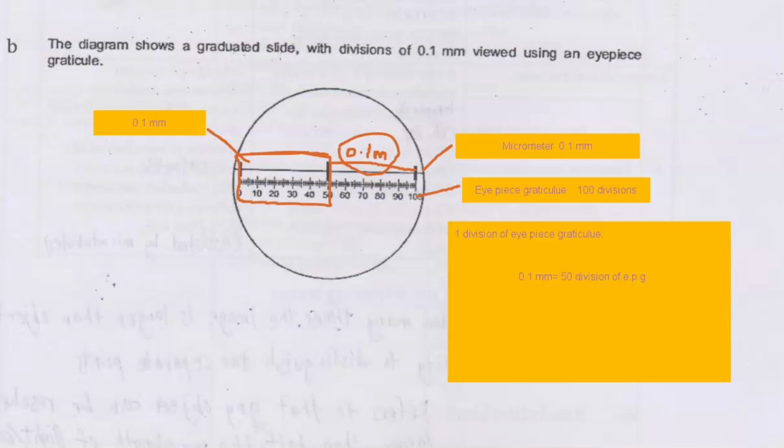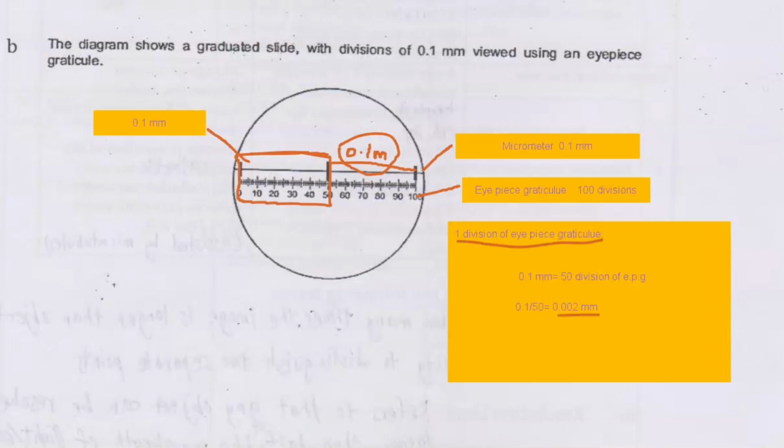So here we can write 0.1 mm divided by 50 divisions. You can use a calculator: 0.1 divided by 50 is 0.002 mm. So one eyepiece graticule division is equal to 0.002 mm.